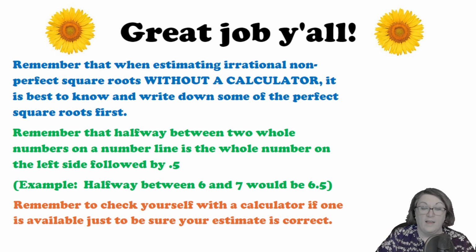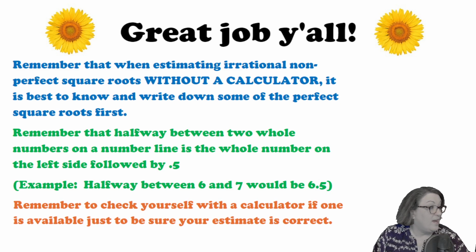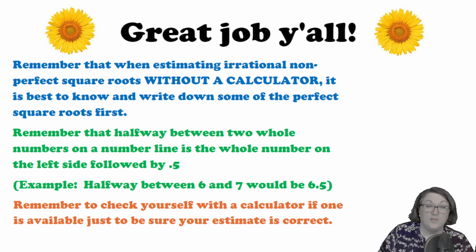And remember that the halfway point between the two whole numbers, or the two integers on your number line, will be 0.5, like 8.5 or 9.5 or 7.5. And always remember to check yourself with a calculator if one is available, just to be sure your estimate is correct. And that does it for estimating non-perfect square roots using a number line and trying to do it without a calculator. Just knowing your perfect square roots really does help with that.